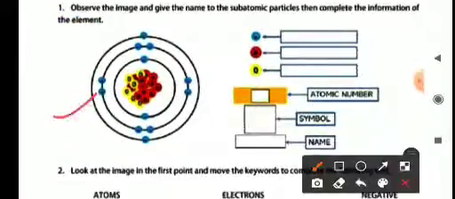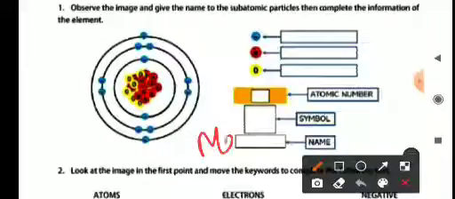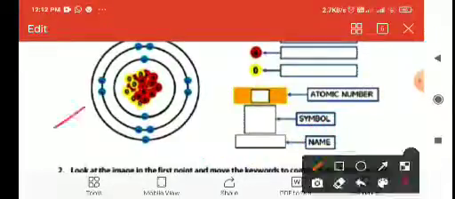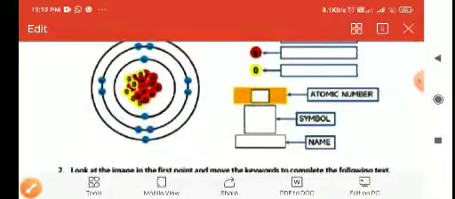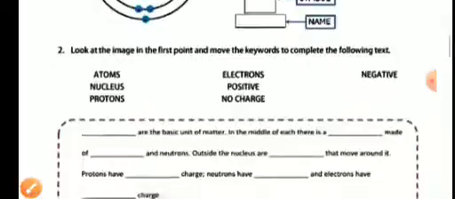According to this diagram, the atomic number of this atom will be 12, because there are a total of 12 electrons shown here. The element with atomic number 12 is magnesium, so the symbol will be Mg, and the name, according to the symbol Mg, is magnesium. Now come to the second question.